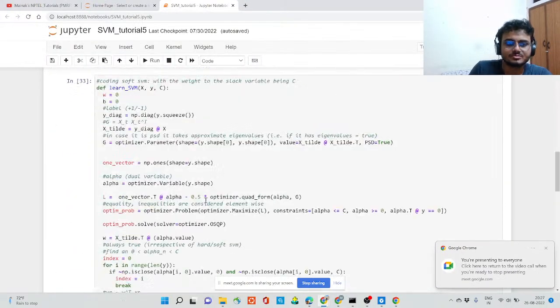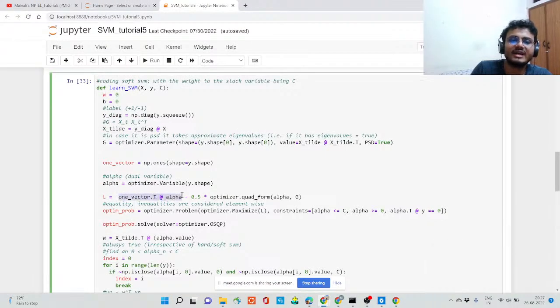Okay. So the thing is, this one hot vector, as I defined, alpha transpose 1 is also 1 transpose alpha because it's a scalar, and this is the quad form. This is a function which says that a quad form is of the form x transpose Gx.